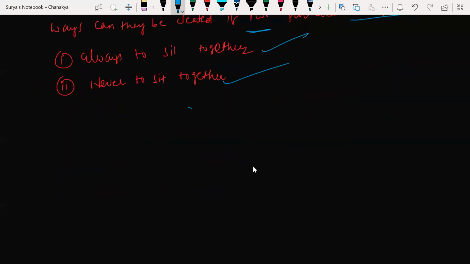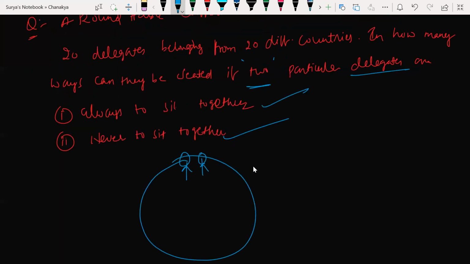Guys, look at this, very simple. Two particular delegates, I'm selecting these guys in one box. Then how many people will be there? Rest how many people?